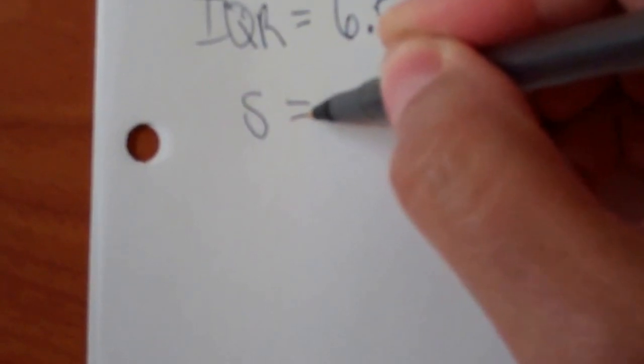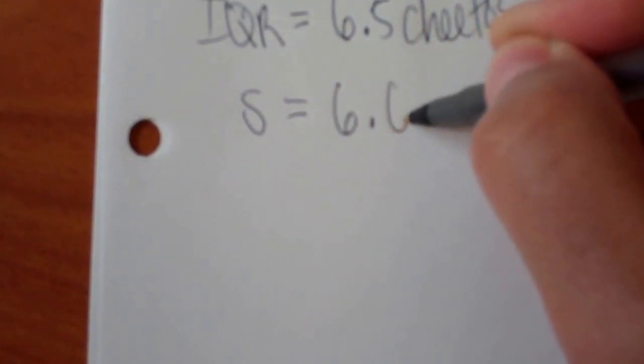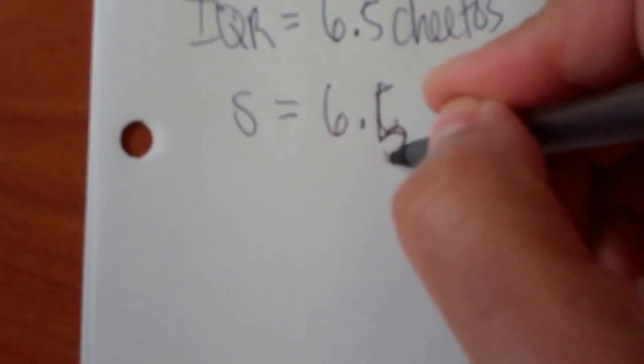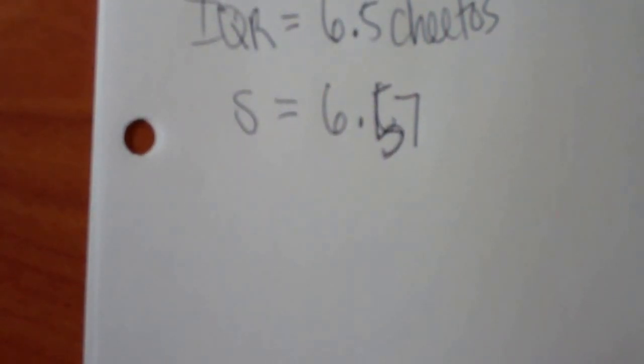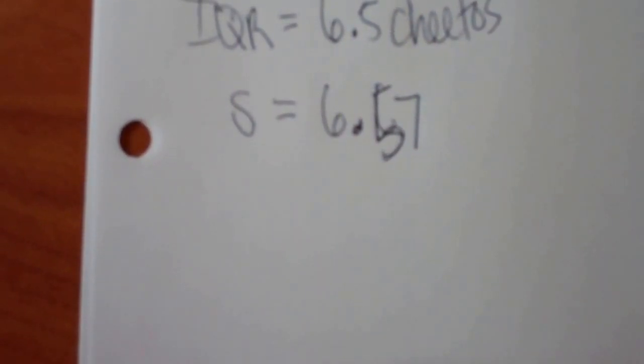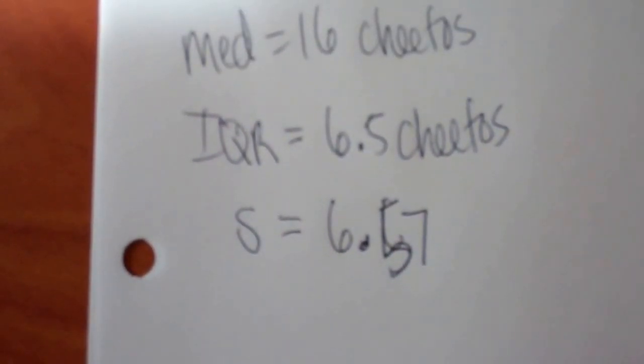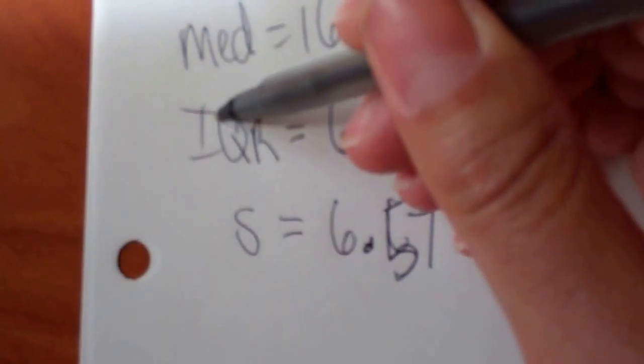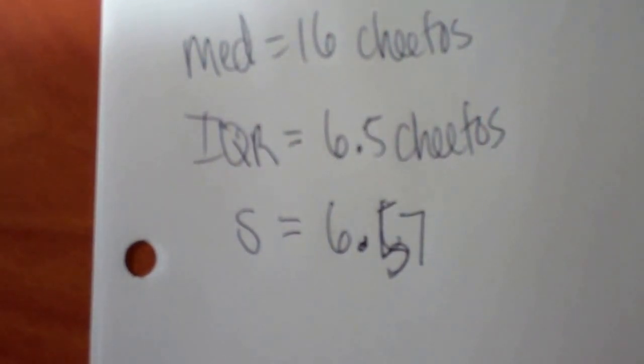And we're going to put down the standard deviation, which I'm using the sample standard deviation because it's based upon my sample. Look at that, I'm trying to talk and write. Which is 6.57, which came out kind of weird. Bear with me on that one. So let's talk about our two measures of spread that I just wrote down, IQR and our standard deviation.